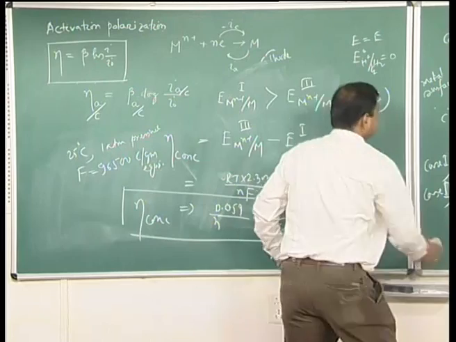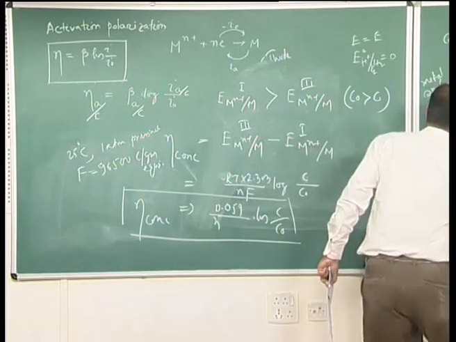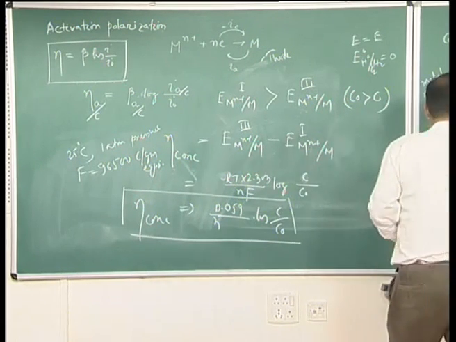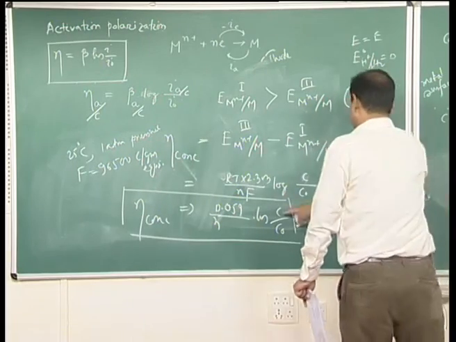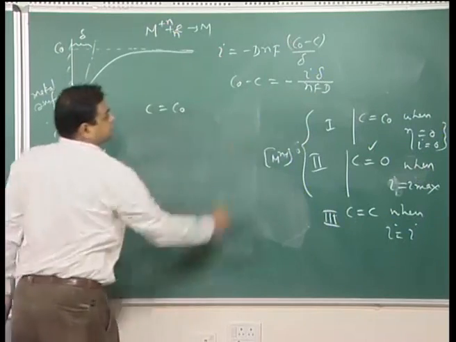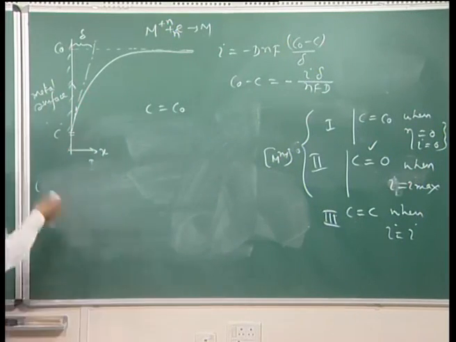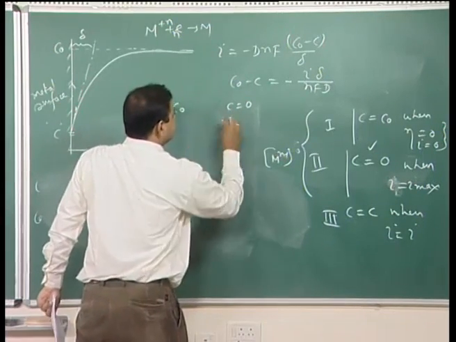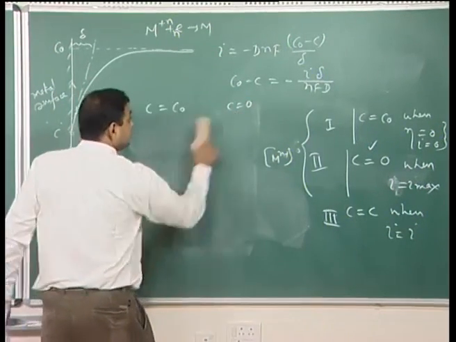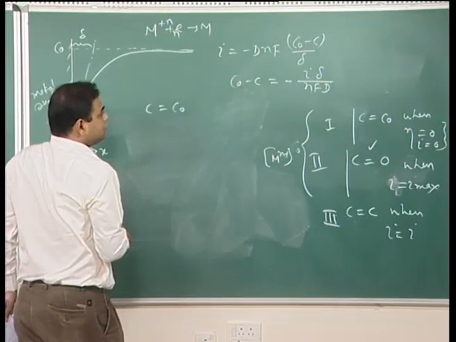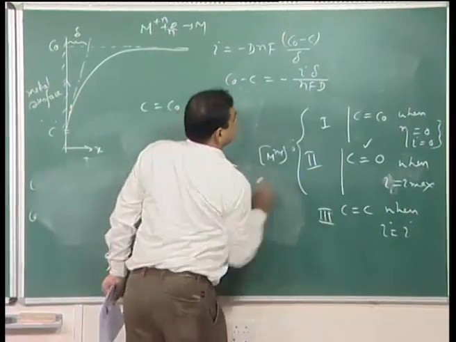Now, instead of C, I can write the concentration in this form. So, if C equals 0, that time I is basically I max.